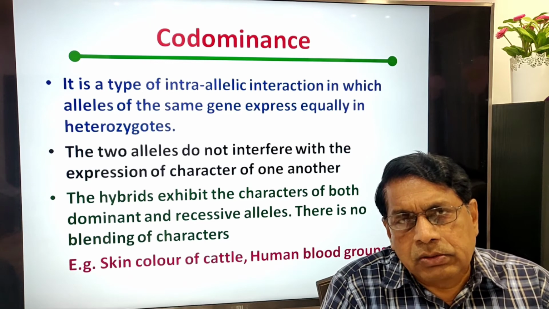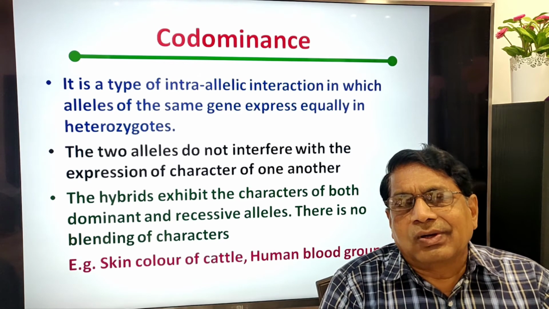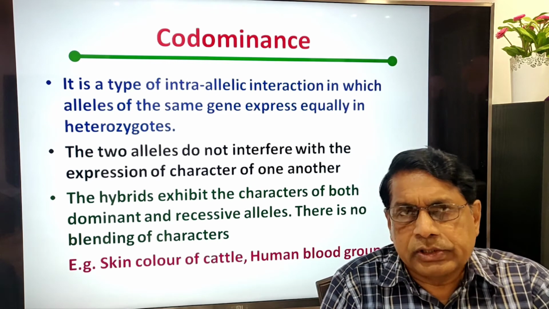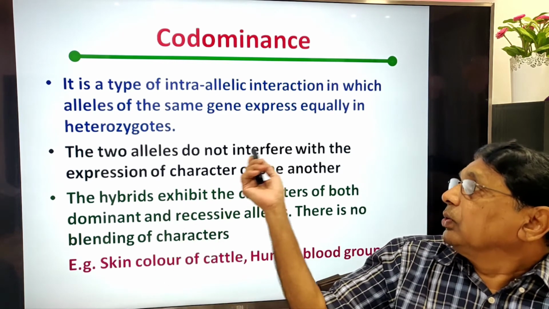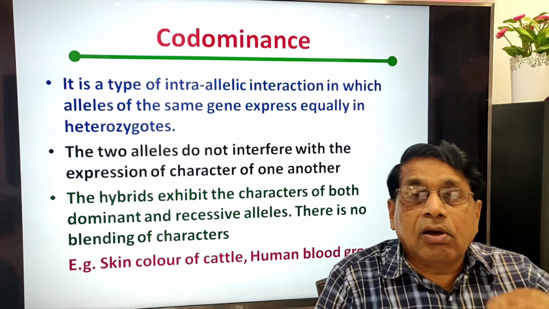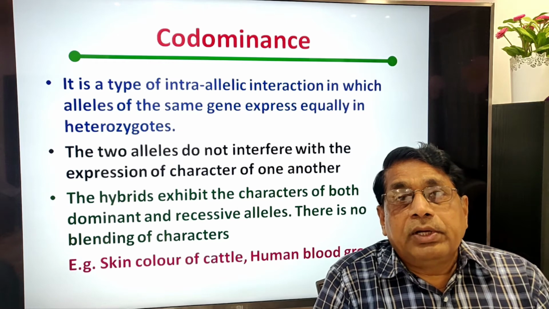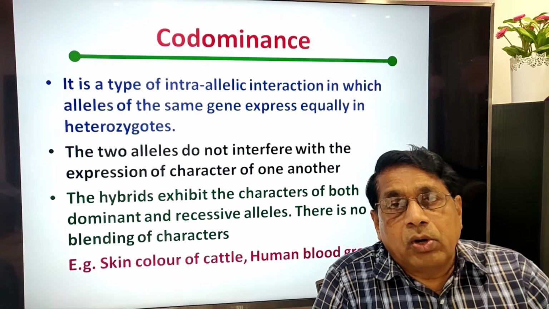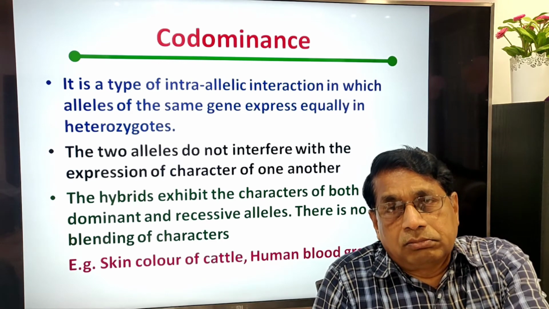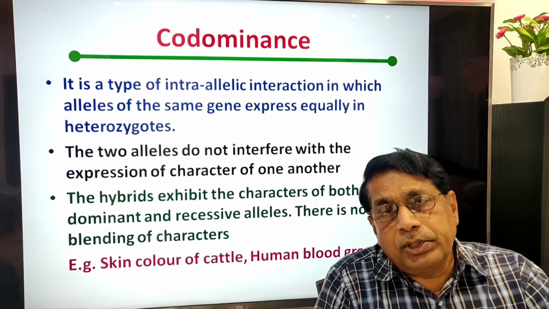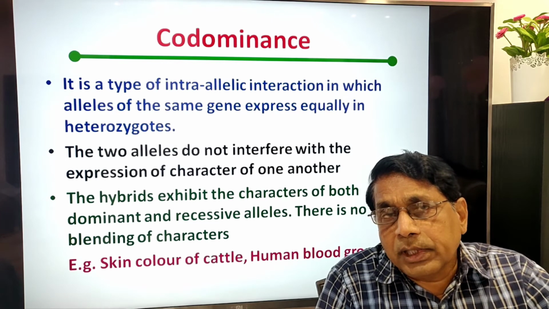That means both the characters are dominant and at the same time recessive. They do not interfere with the expression of the character of another. In complete dominance, what is happening? Tallness is dominating over the recessive dwarfness. In incomplete dominance, dominance is there but incomplete.